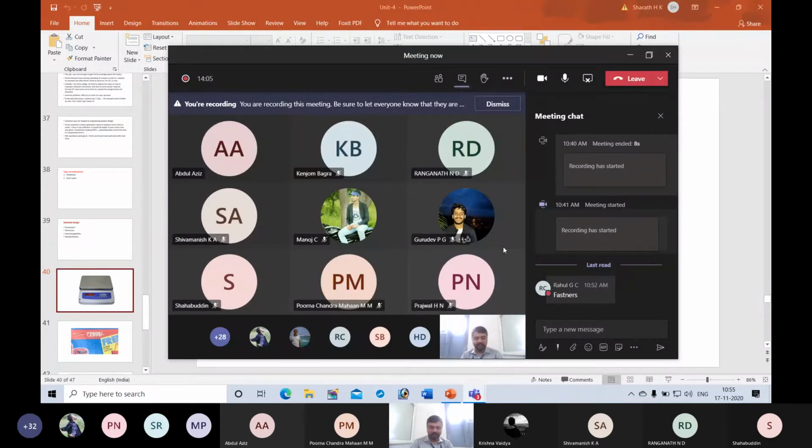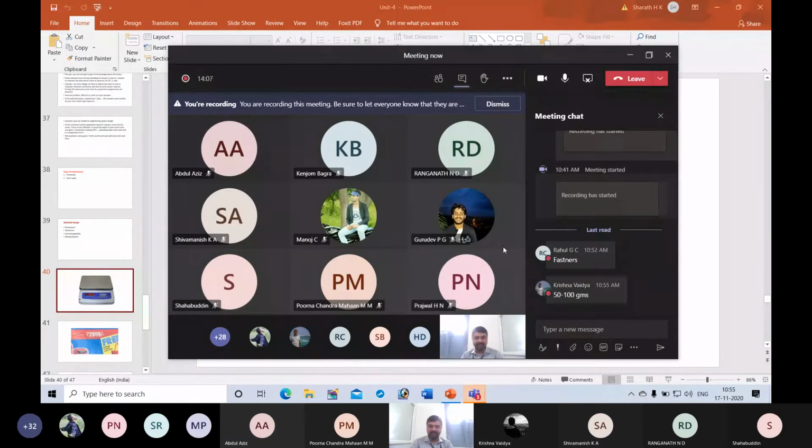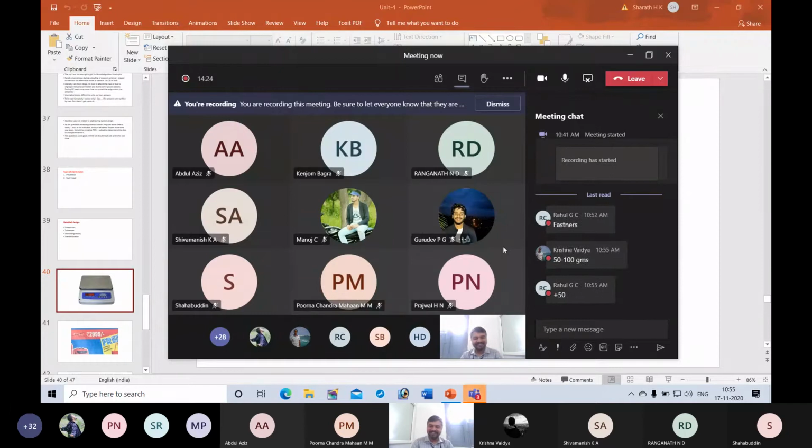And again, if you want to buy 1 kg, whether it is okay with 50 to 100 grams, Krishna Vaidya? Suppose instead of giving 1 kg, a seller gives 900 grams, are you ready to take that? So plus 50.